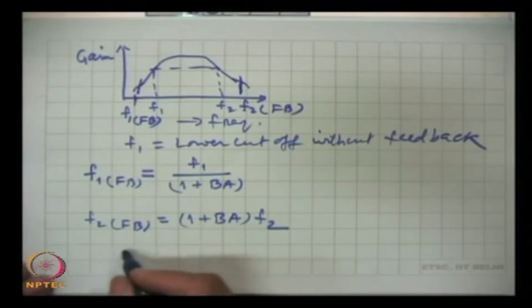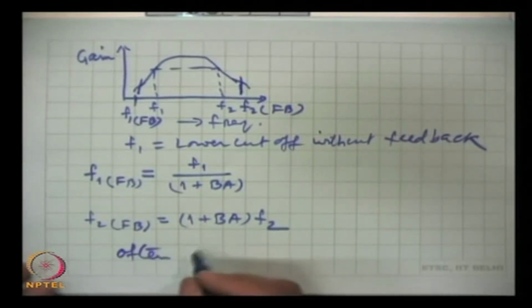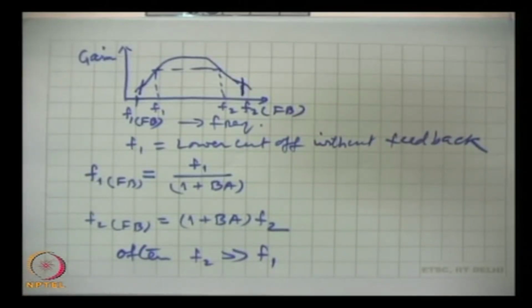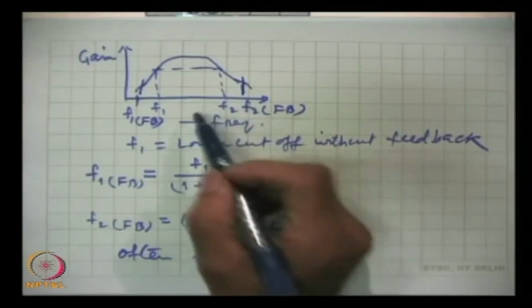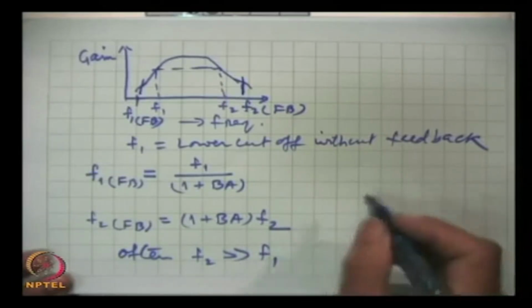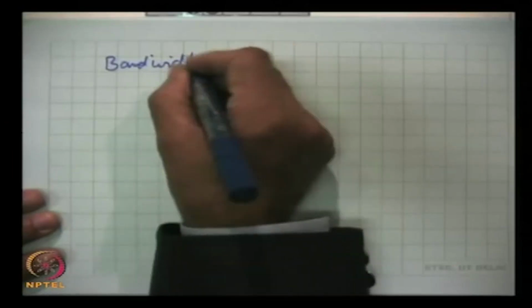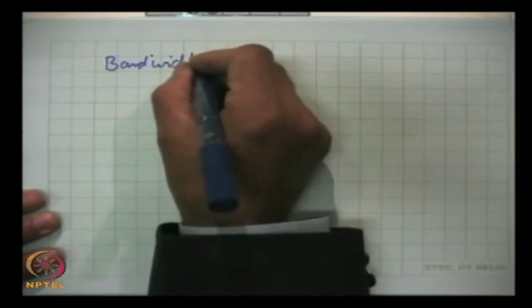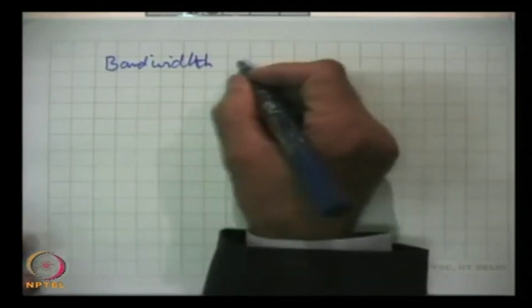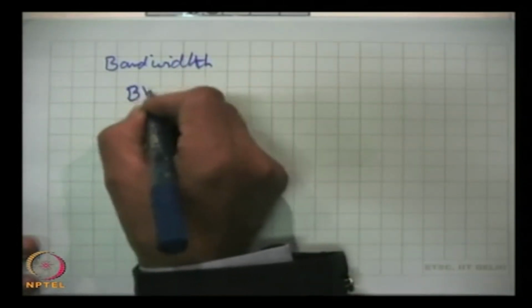Now, often F2 is very large in comparison to F1. F2, this upper cutoff, is very large in comparison to F1. In that case, as we said, the bandwidth we can write BW.